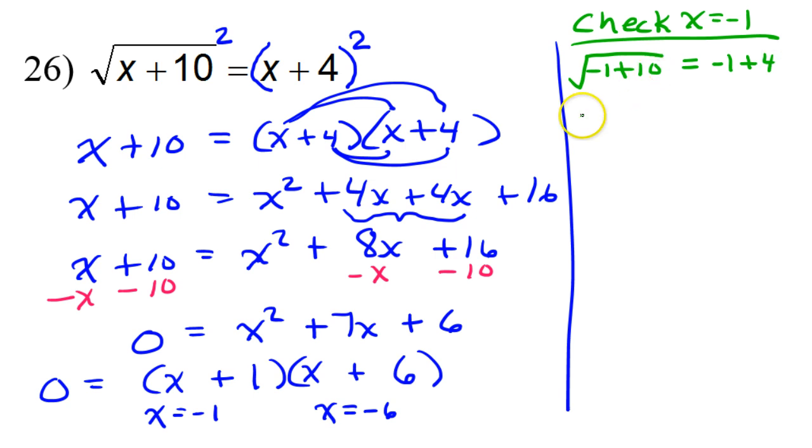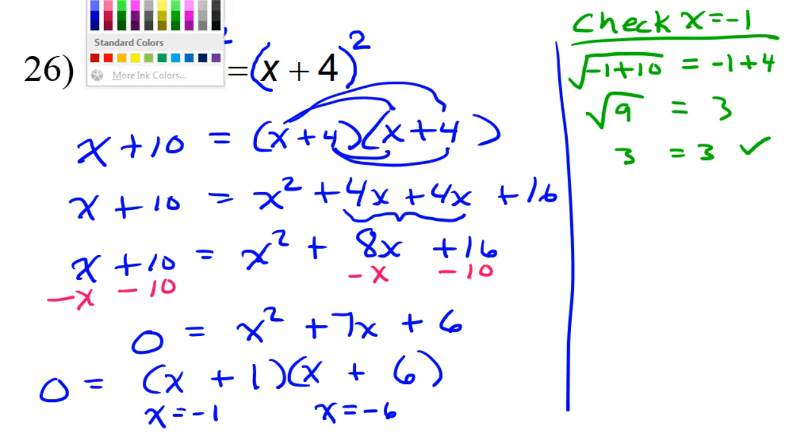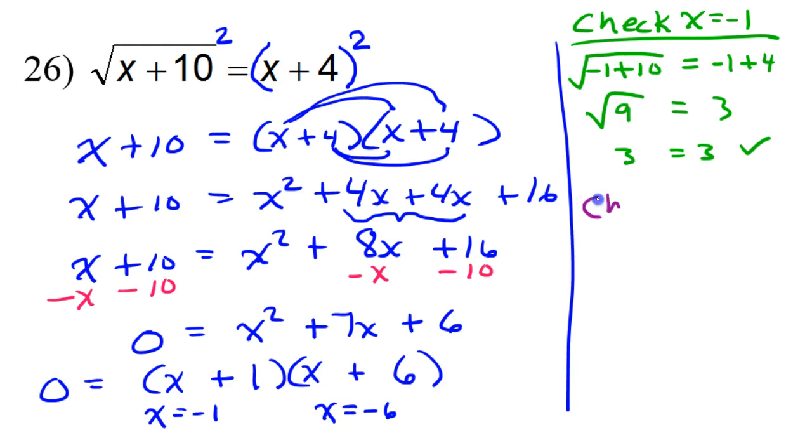Well, -1 plus 10, so that's the square root of 9, and this is 3. And the square root of 9 is 3, so that checks out okay. So x equals -1, that worked. So I can go ahead and put a box around that.